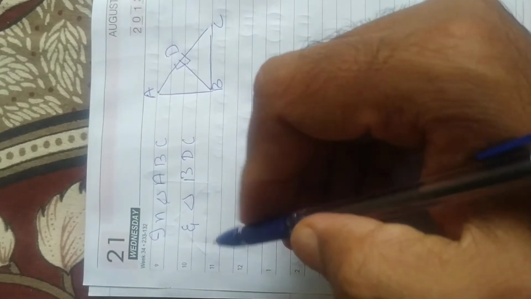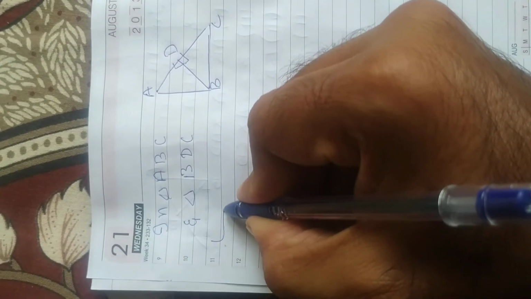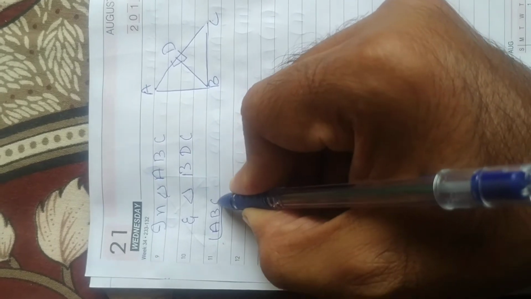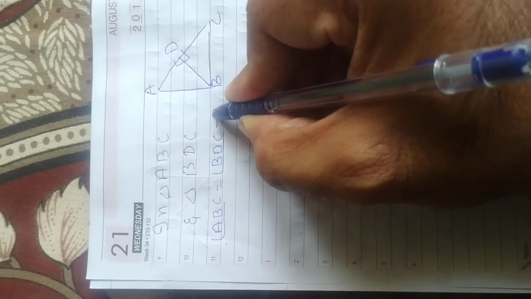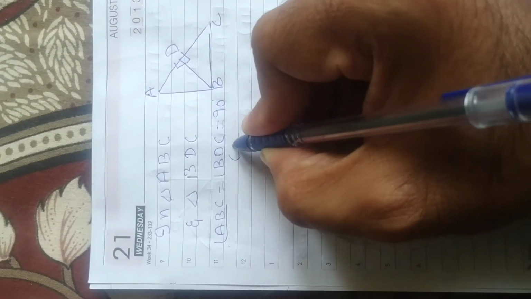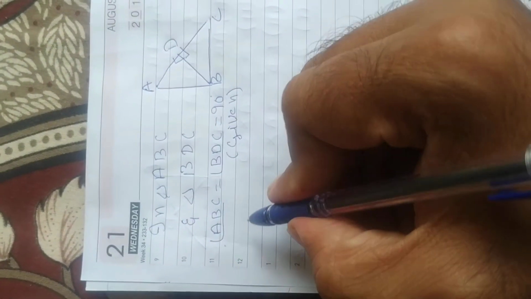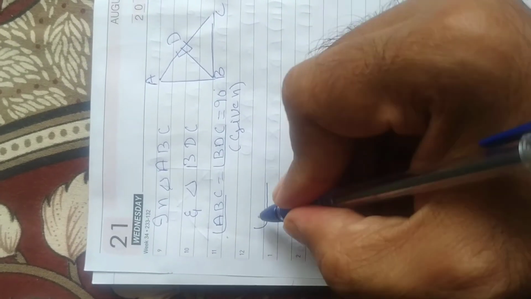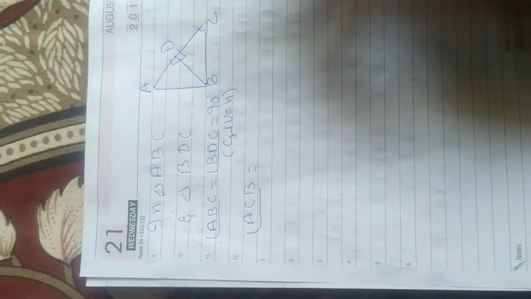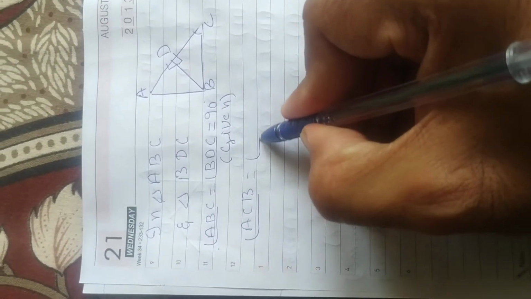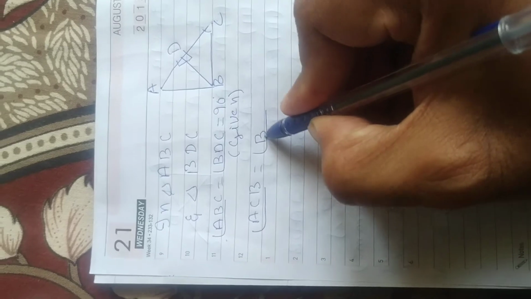I'm going to show these two triangles are similar in the same way as last time. Angle ABC is equal to angle BDC, equal to 90 degrees. This is again given. Next, the common angle, angle ACB. C is common for both triangles. Angle ACB is equal to angle BCD.